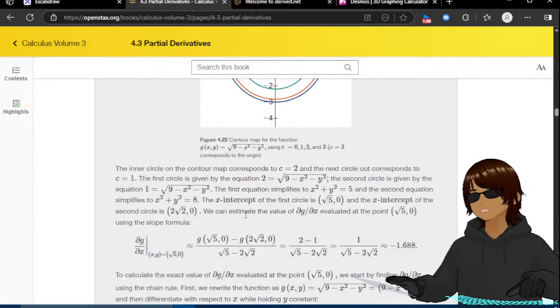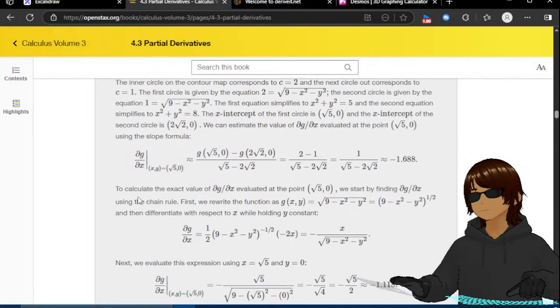We can estimate the value of the partial derivative of g with respect to x evaluated at the point (root 5, 0) using the slope formula.